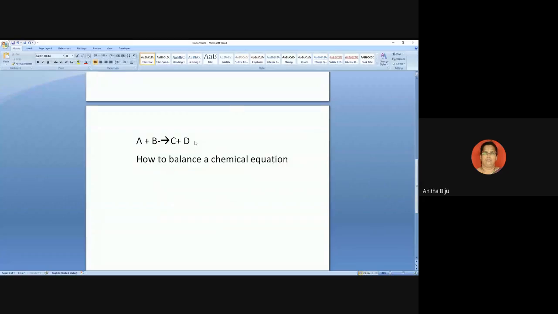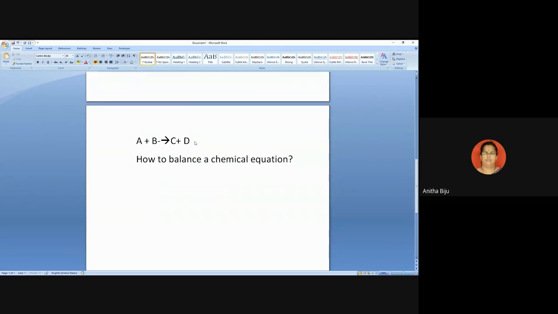Altogether, there are 7 steps involved in balancing a chemical equation. You need not use all the steps, because in some cases the word equation is directly given to you. In that case, there is no need to write the word equation again.